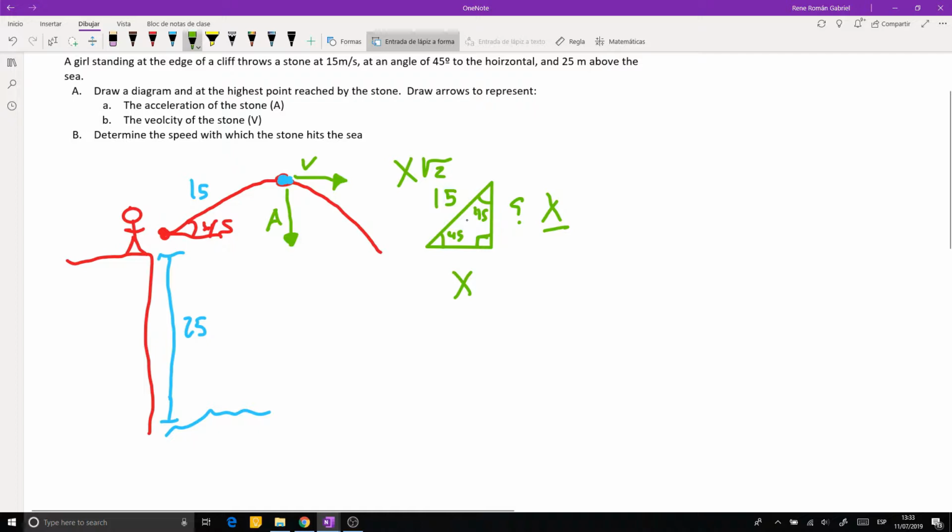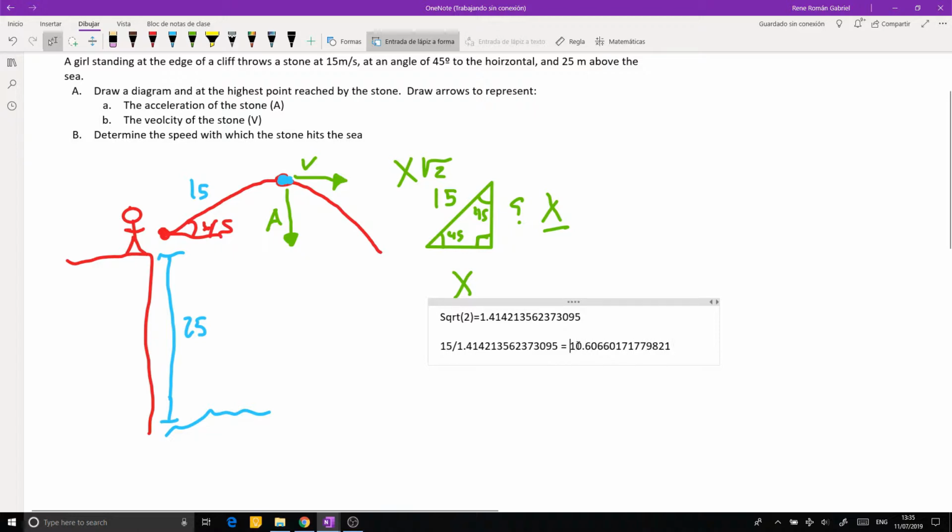So now what we have to do is figure out our x, or our side, and to do that we just divide by square root of 2, because we said it's the same thing as multiplying times square root of 2. So the first thing we want to do is the square root of 2, and then put 15 and divide it by this, and that'll give us 10.60660171779821.